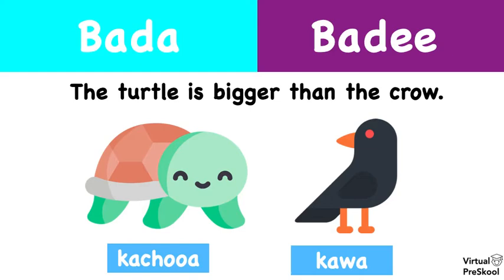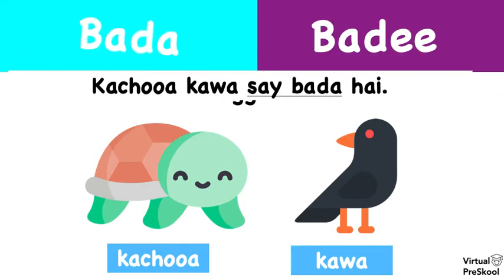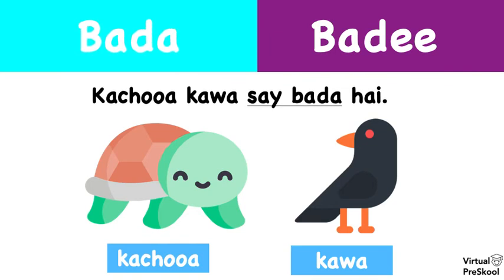So would that be a bada or a badi? It would be bada, right? So put the sentence together. The turtle is bigger than the crow. कछुआ कौवा से बड़ा है.